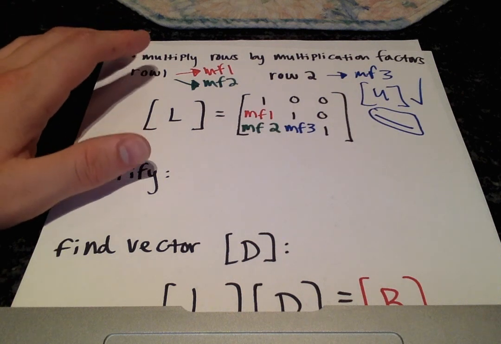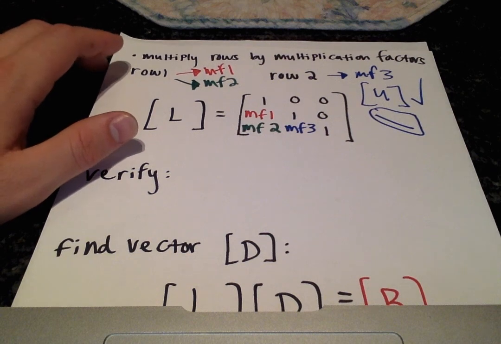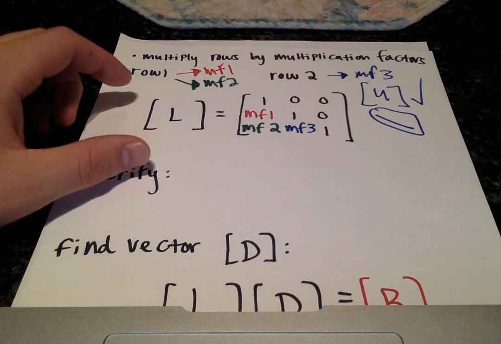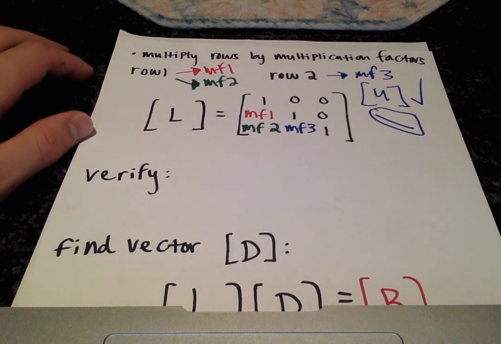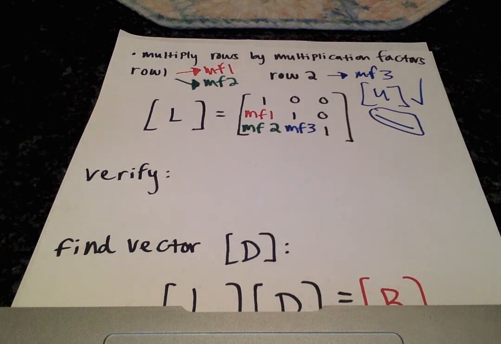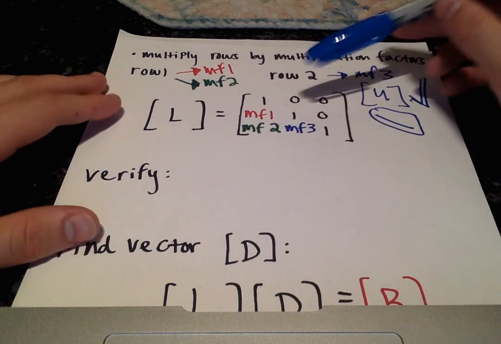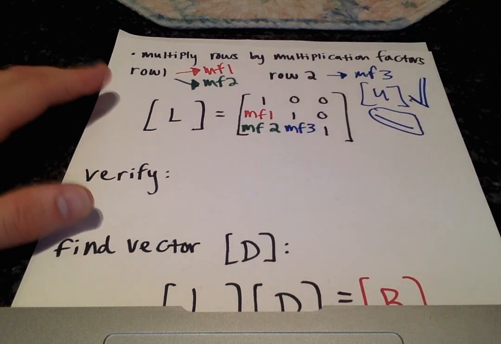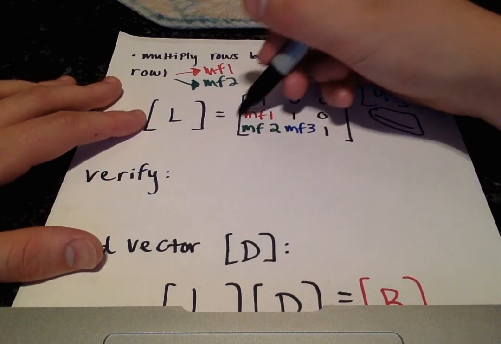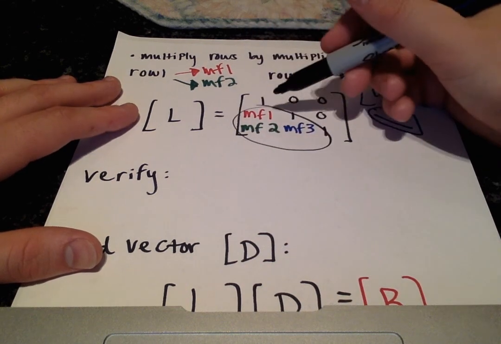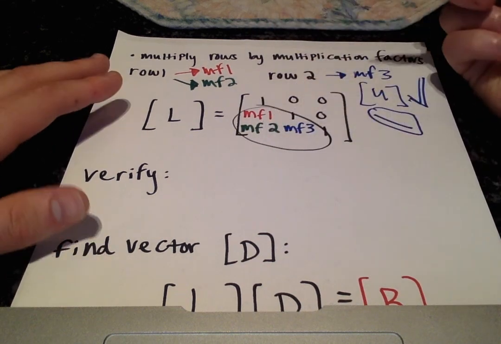The multiplication factors you used on matrix A to get the upper matrix will then be substituted into the lower matrix here, as you can see, MF1, MF2, MF3.